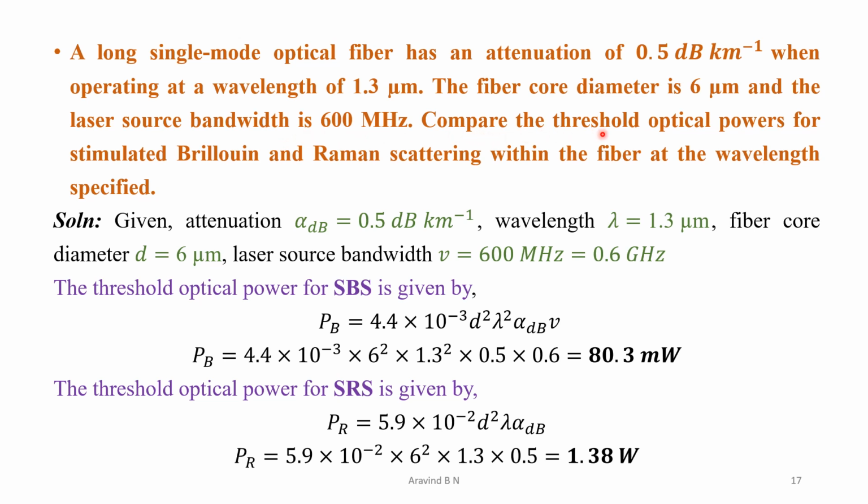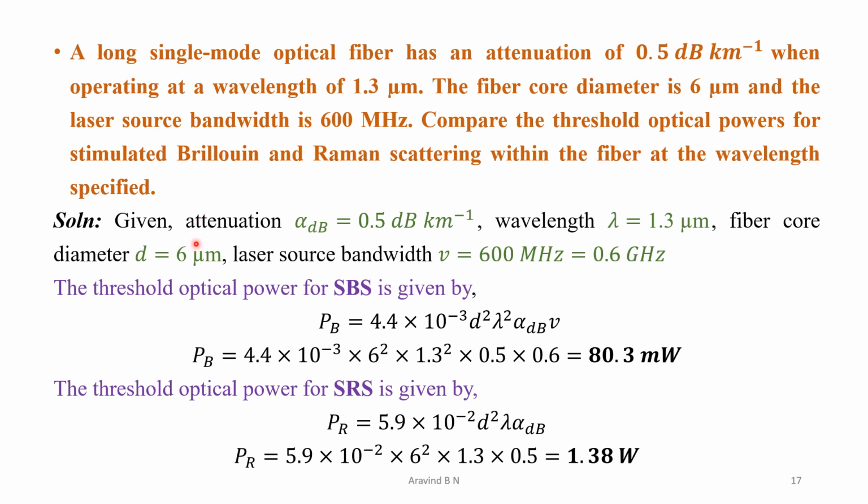Compare the threshold optical powers of stimulated Brillouin and Raman scattering within the fiber at the wavelength specified. So we need to calculate the threshold optical powers for both of these. Let us go through the solution.